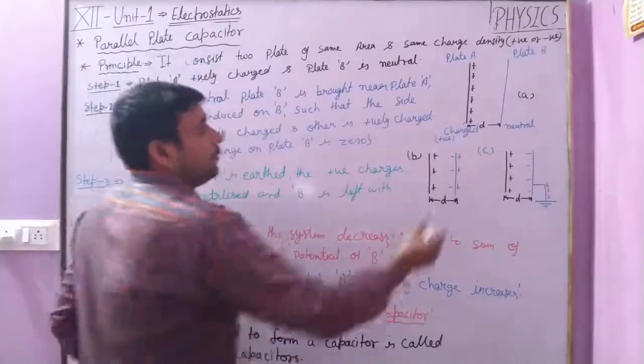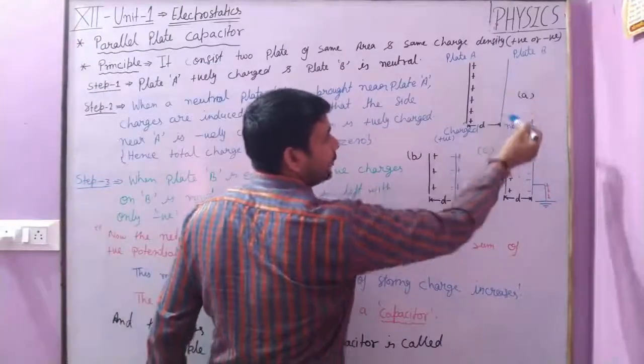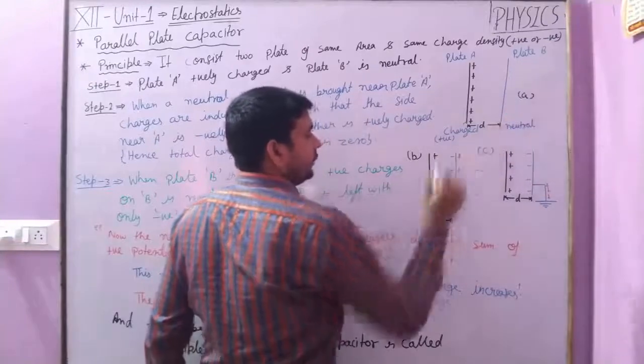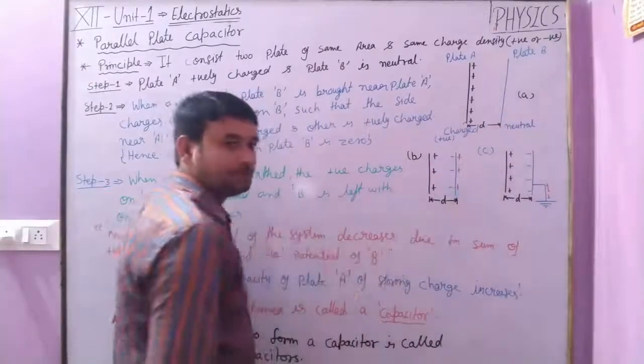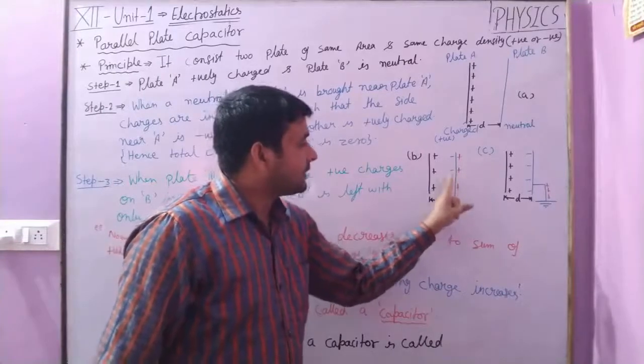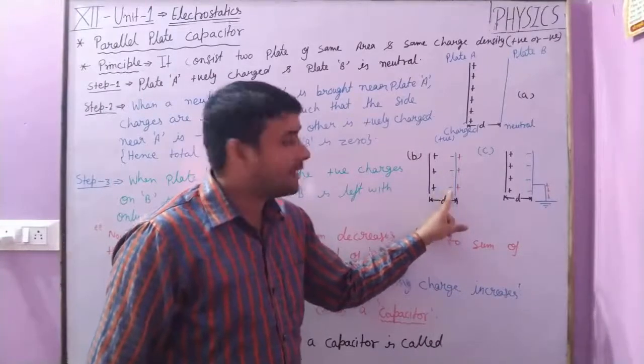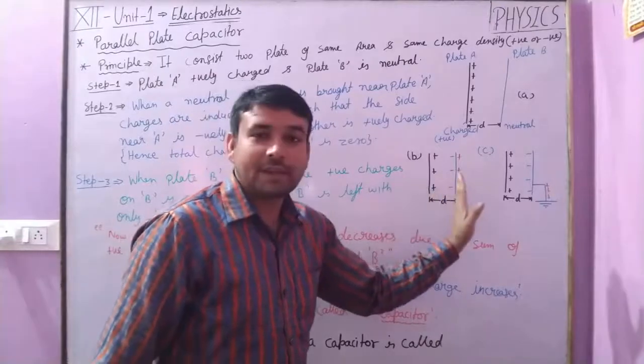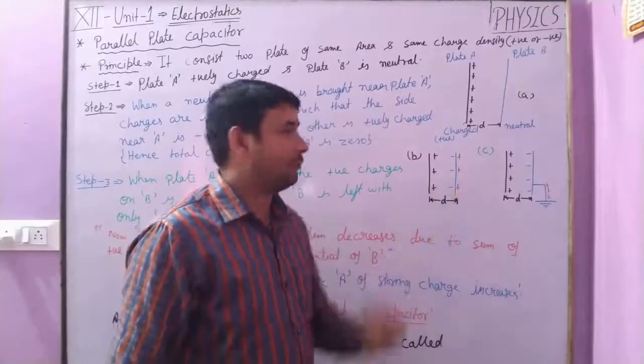So when we place a neutral conductor near to it, we observe this situation. Due to the process of induction, the inner side of plate B gets negatively charged while the outer side of plate B gets positively charged.